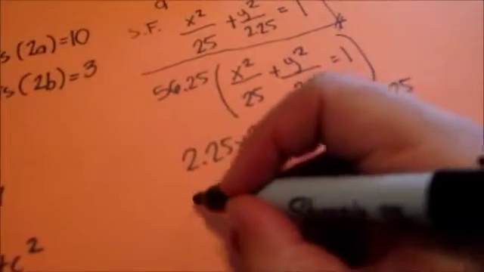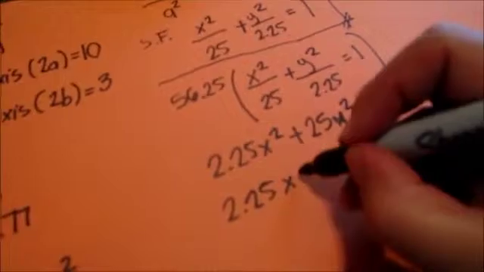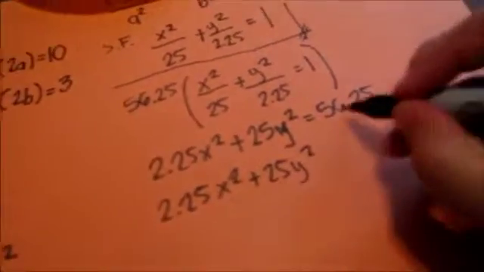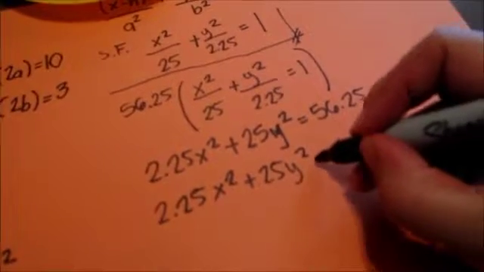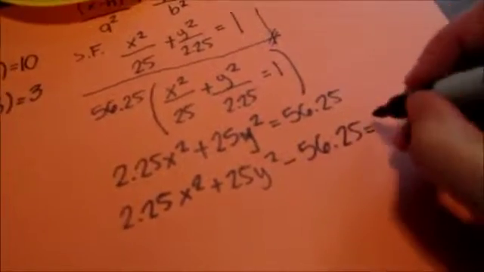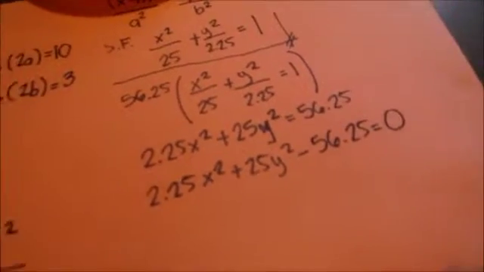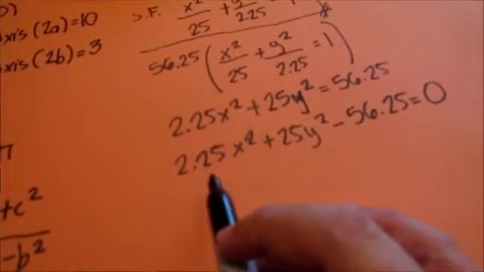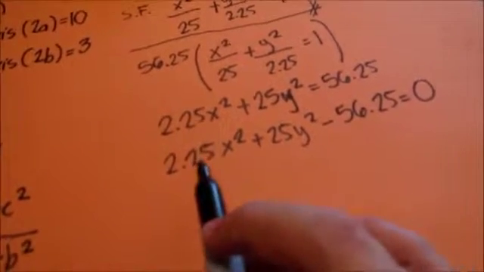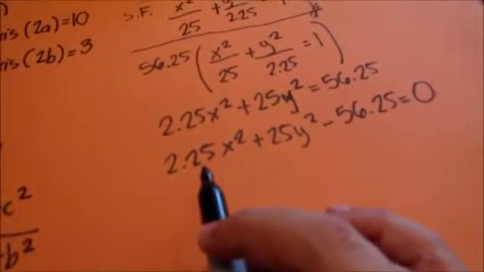At the end, what we need to do is to pass the 56.25 to the other side. Why? Because our equation needs to equal 0. And the other rule that we need to follow is that we cannot leave the coefficients with decimals or fractions.